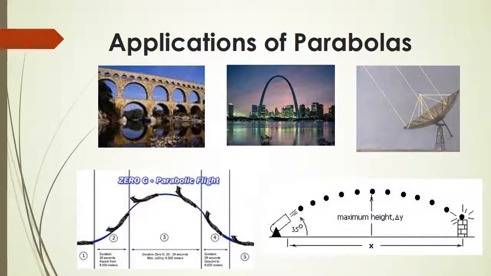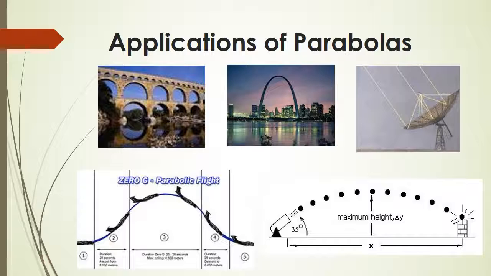So very useful shape. They also use parabola in order to simulate zero G, so weightlessness. What they do is they take a plane and they go up at a very steep angle, and then they curve up and come back down, and what that does is that it will simulate weightlessness, and the trajectory that they use to fly the plane is a parabolic arc.